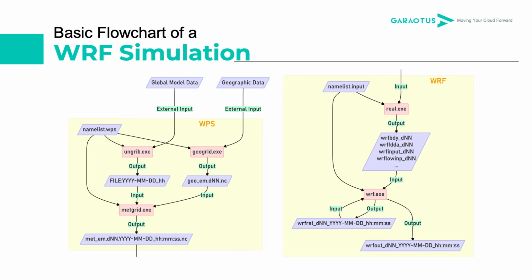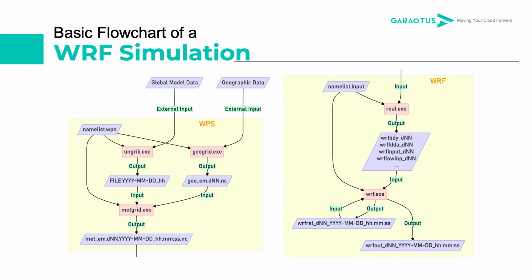So here I would like to explain more about the basic flowchart of a WRF simulation. It actually consists of four parts of process. First is the external data sources. We need to get the external data, like geographic data and global data from specific institutions, or from sources on the internet maybe.